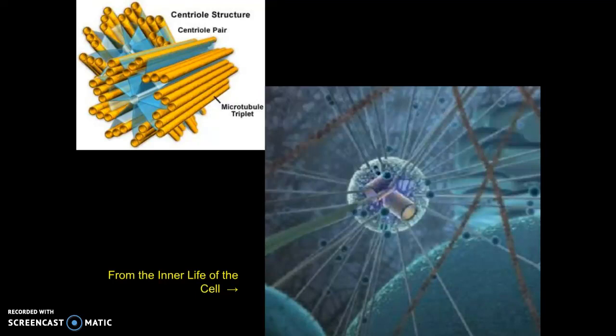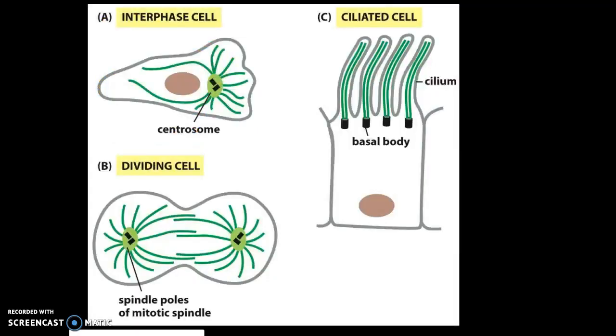And like I said, they exist inside of the centrosome, which is just a jelly-like substance around the centrioles, and that's the organizing center for the microtubules coming out of the centrosome. So the cytoskeleton, at least the microtubule portion of the cytoskeleton, originates at the centrosome and moves out from there.